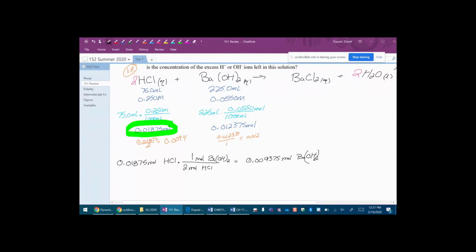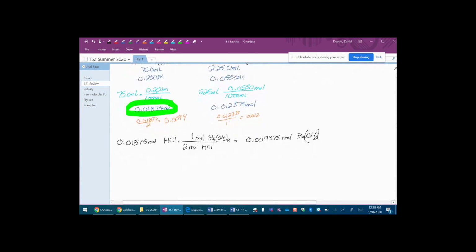Parentheses. All right. Now, here's the deal. I'm looking for the excess, in this case, OH ions, concentration, excess OH ions, right? So I need moles of hydroxide over the total volume.